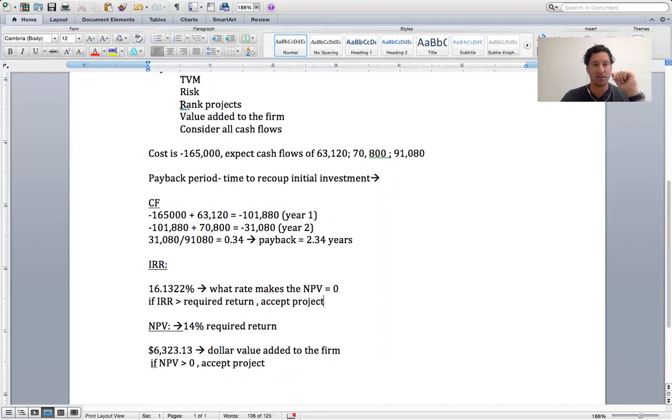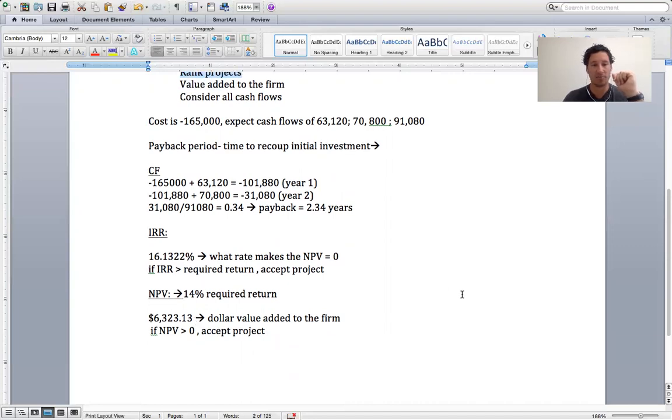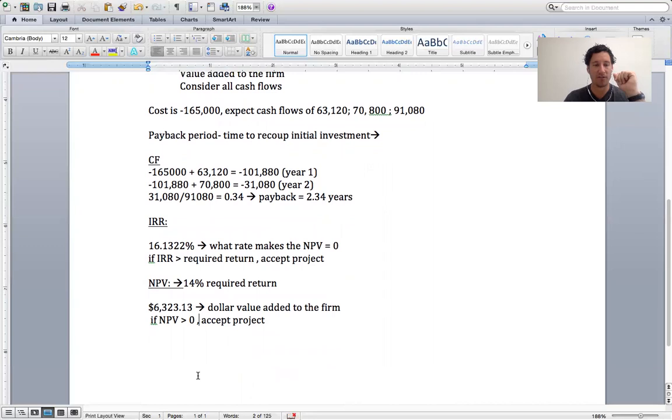So this is where they differ. The ability to rank projects, we need NPV to do that one. So if we have what's called mutually exclusive projects, like we've only got one project that we're able to do.